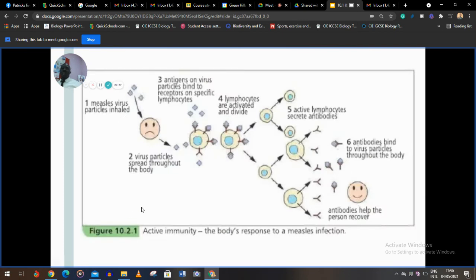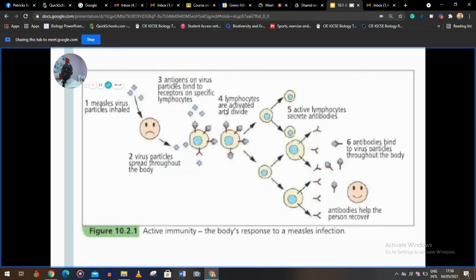If you look at this picture, it shows you measles virus particles inhaled. When you inhale, what happens? The virus particles spread throughout the body. When they spread throughout the body, antigens on the virus particles bind to receptors of a specific lymphocyte. These are the B lymphocytes. Then B lymphocytes take it and start to study it.